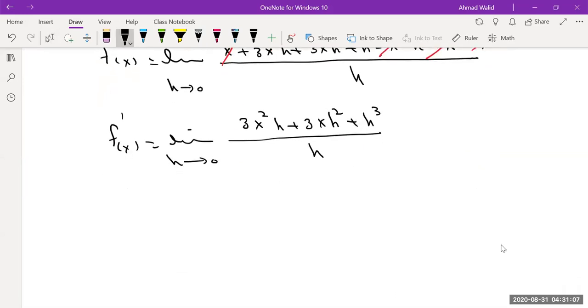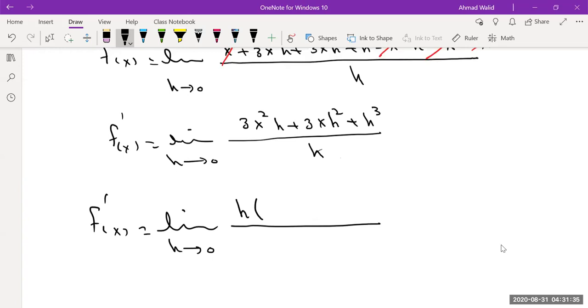If you plug in 0 to the denominator, it again becomes undefined. You have to use a technique of algebra to change it from undefined, right? You see in the top, all of them have h. You can factor out h. Then you can write f prime x equals limit as h approaching 0.